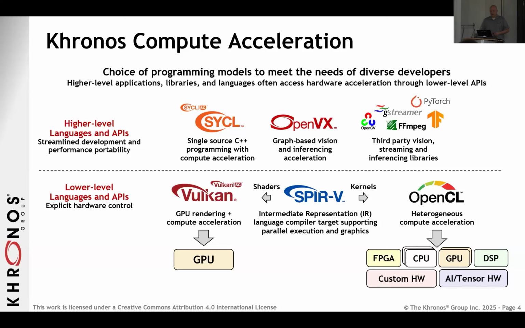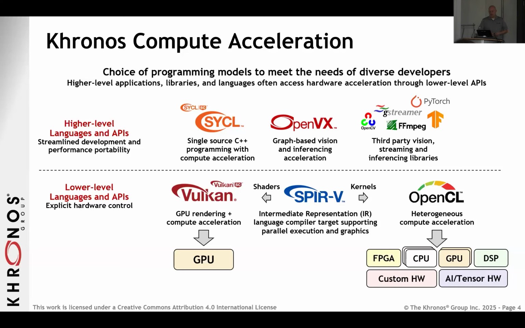If we look on the left-hand side, Vulkan is an even more low-level API. It's primarily targeting GPUs, and both OpenCL and Vulkan can compile their small programs, shaders or kernels, to the SPIR-V intermediate representation, which they can then execute on the devices that they support.